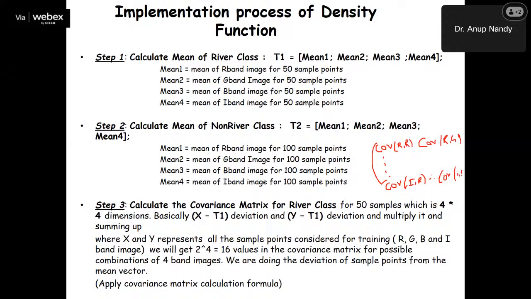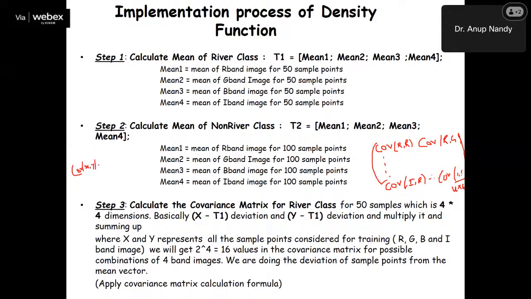How many elements are you going to have? You are going to have a total of 16, 4 cross 4. So this is the size of this covariance matrix, and you are simply using the formula I already told you. What was the formula that we already studied in the previous lecture?